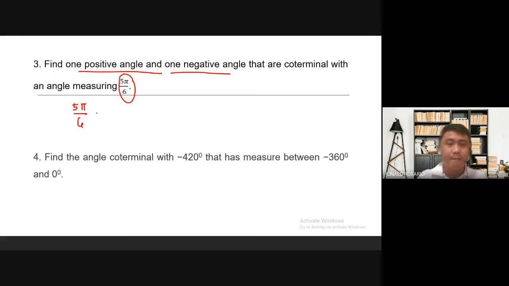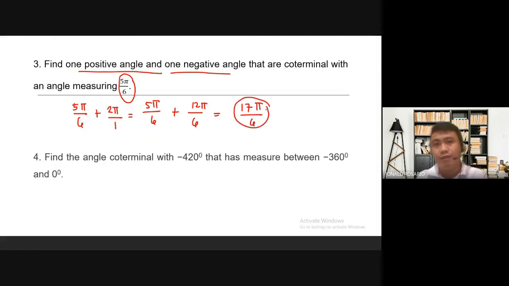Pagka sa rad, we have 2 pi. Lagyan nyo ng over 1 kasi mag-add tayo ng fraction. Over 6: 6 divided by 6 is 1 times 5 pi, so we have 5 pi. 6 divided by 1 is 6 times 2 pi is 12 pi. 5 plus 12, 17 pi over 6. This is the positive coterminal angle.